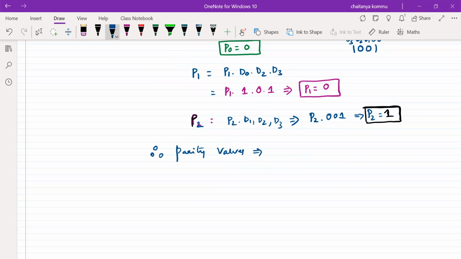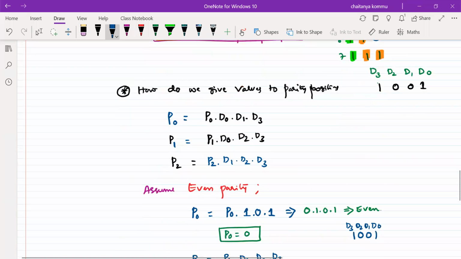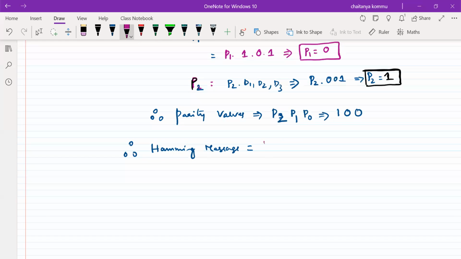Therefore the parity values P3, P2, P1, P0 are equal to 1, 0, 0. Therefore, the Hamming message: I have to consider 8 bits here. 1, 2, 3, 4, 5, 6, 7.